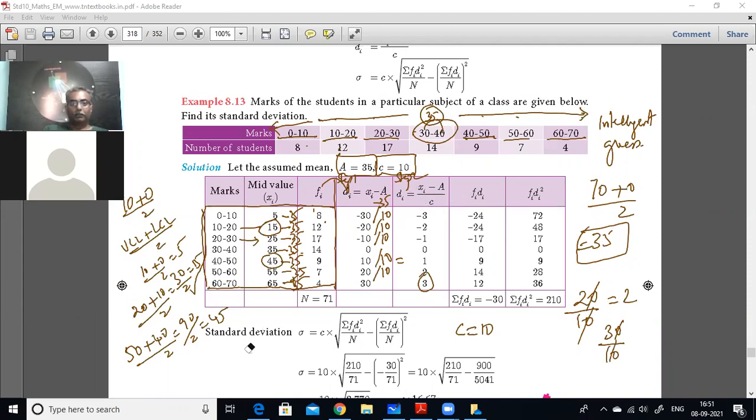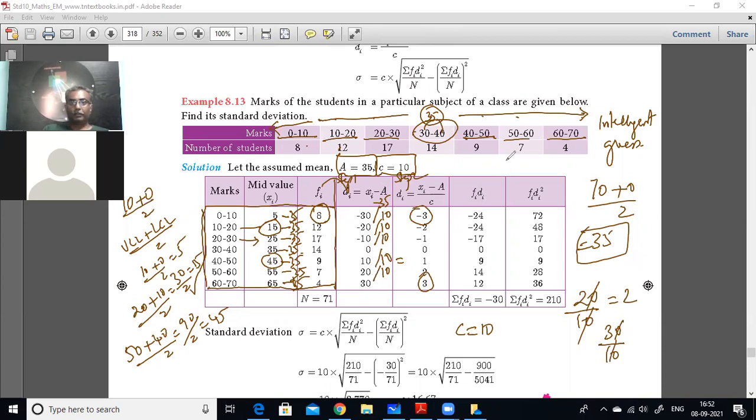So what you have to do? This one, 8 into minus 3.